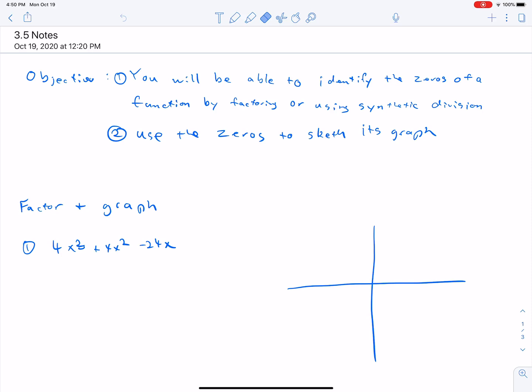When I look at 4x cubed plus 4x squared minus 24x, I see a common factor of 4x. So when we factor that out, we end up with x squared plus x minus 6.